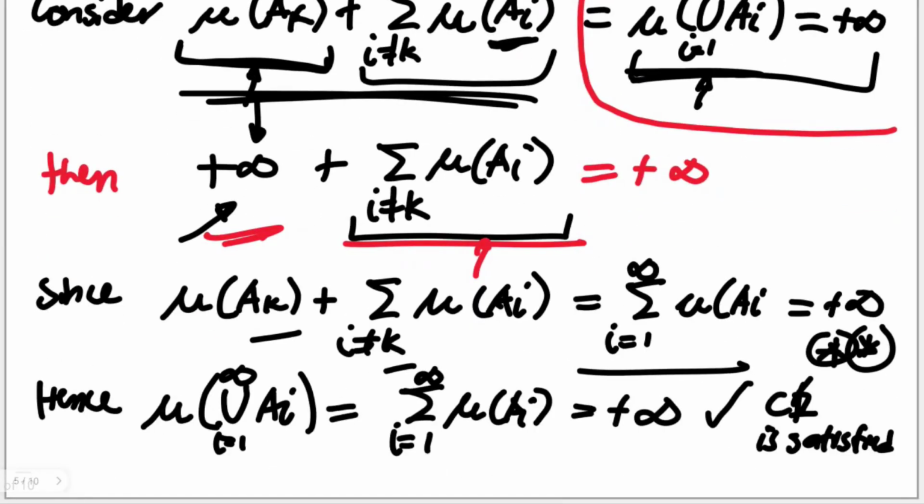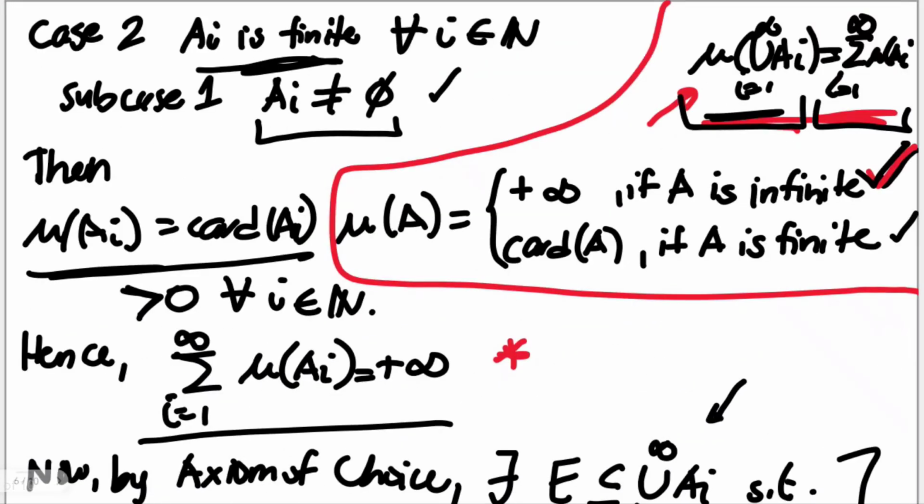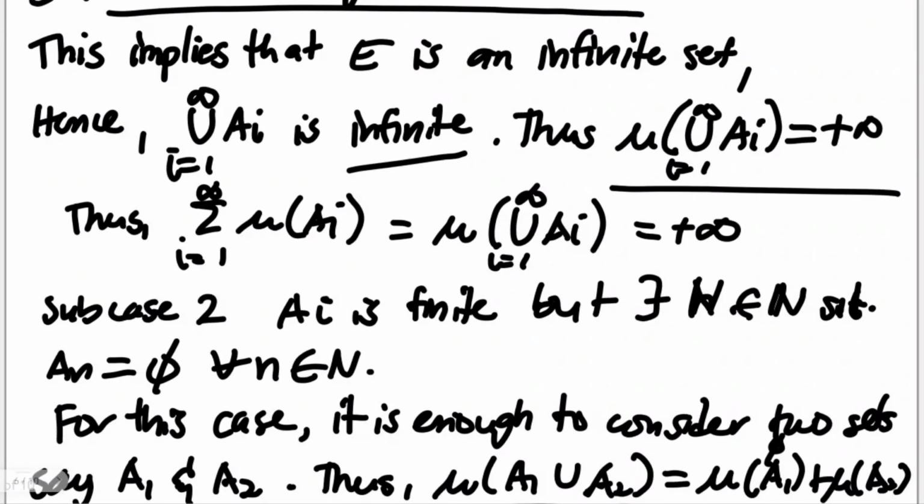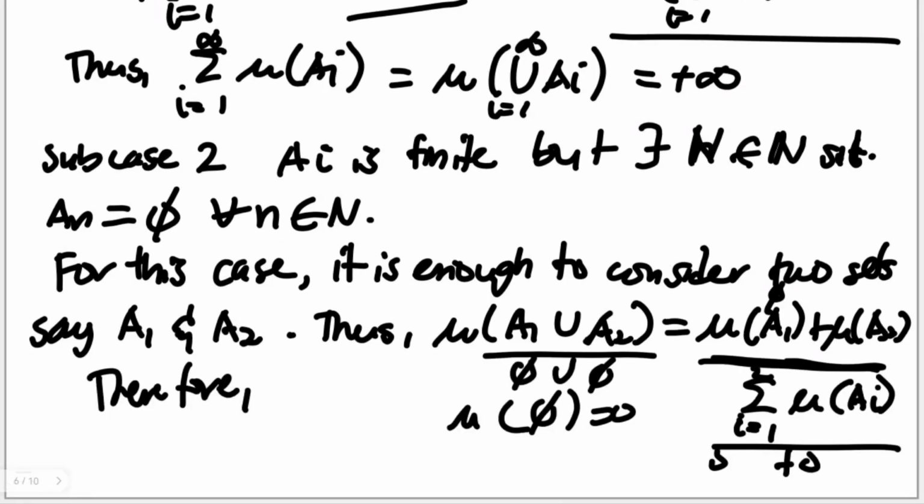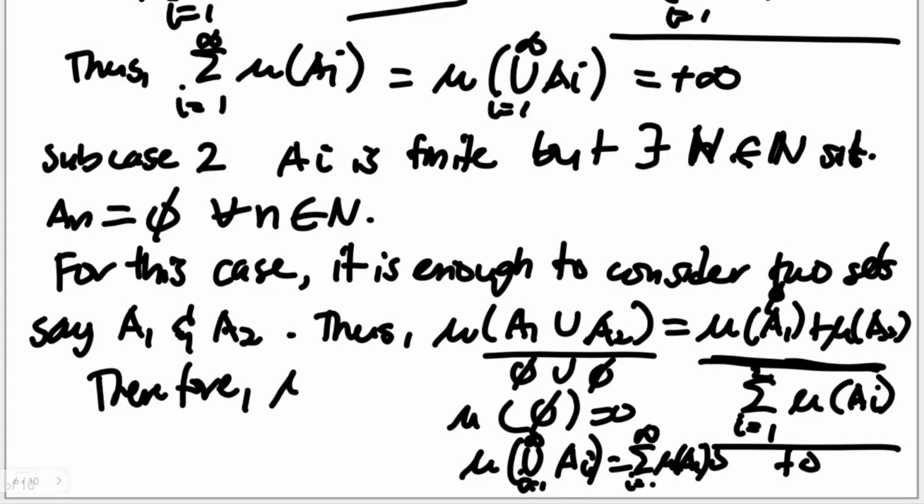For finite there are two subcases: subcase 1 where A sub I is finite but non-empty, and when it is empty, and we were able to establish the relationship, saying that the mu of the union of A sub I, where I starts from 1 to infinity, is equal to the summation of the mu of A sub I, where I starts from 1 to infinity. Therefore, since the two conditions for a function to become a measure are satisfied, our mu here is a measure function.